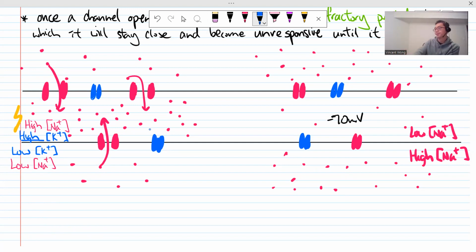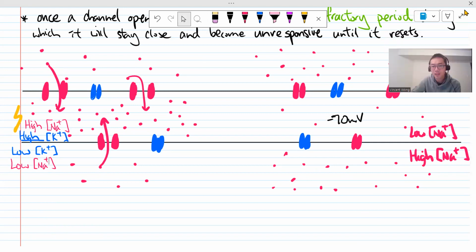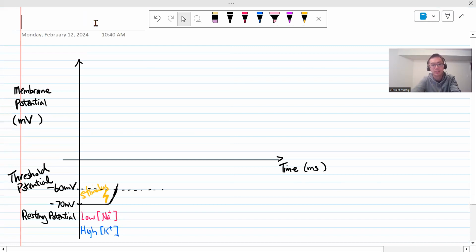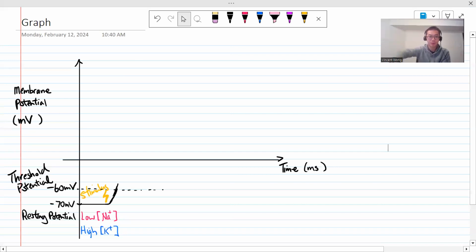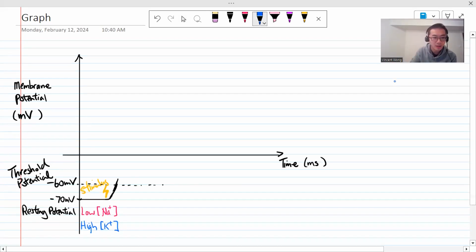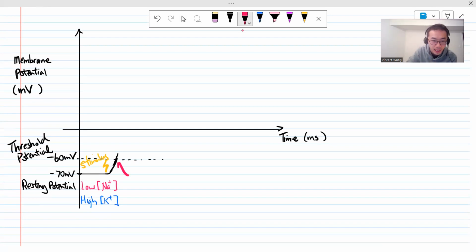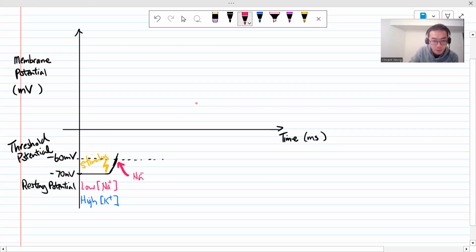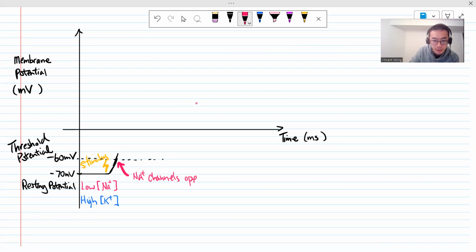Is that okay? All right. Let's go back to our lovely graph here. So what's going to happen? Well, at the threshold potential right here at minus 60, what happens? The sodium channels open, right?